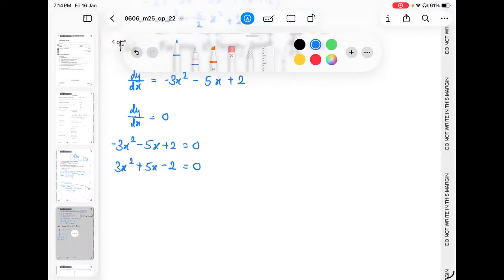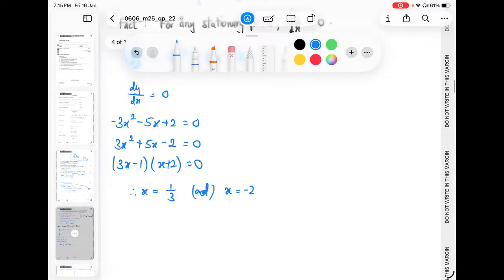So now we just punch it in the calculator, and you write the factorized form: negative 3x minus 1, and you'll get x plus 2 equals 0. Therefore the x coordinates would be 1 by 3 and x equals -2. So those are your x coordinates over here.